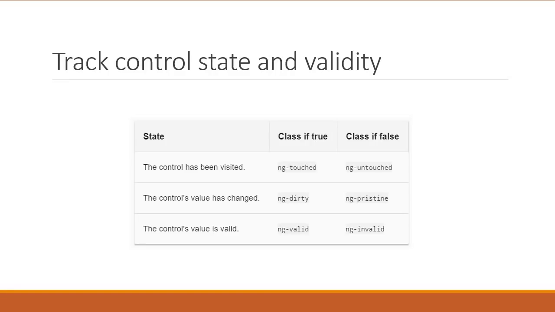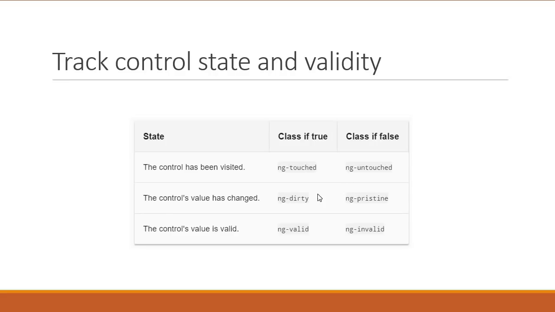At any point in time, Angular applies 3 classes to a form control based on its state. The first pair of classes you see here are dependent on whether the user has visited the form control or not. When you load a form for the very first time, you have not yet visited a form field. So Angular applies a class of ng_untouched.